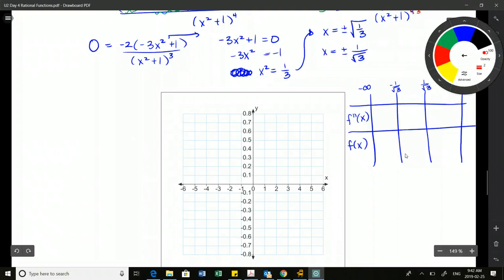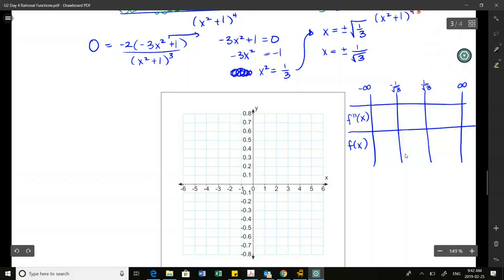It might be helpful to know that 1 divided by root 3 is approximately equal to 0.57. So when we choose our test values, I'm choosing something between negative infinity and negative 0.57, so maybe negative 2. Then we can choose 0 here, and then maybe over here we choose positive 2.